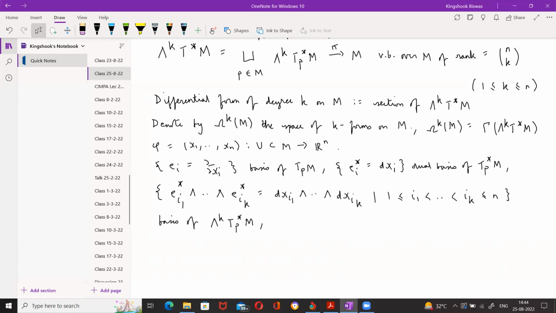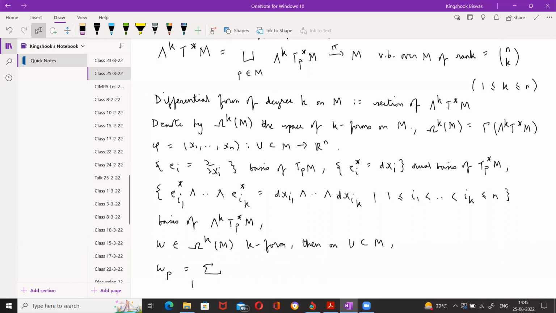So if ω is a k-form on M, then on U in the chart, we can write ω pointwise as a linear combination of the basis elements.